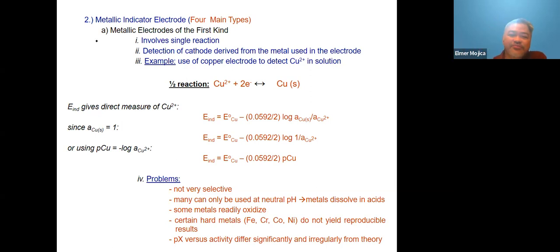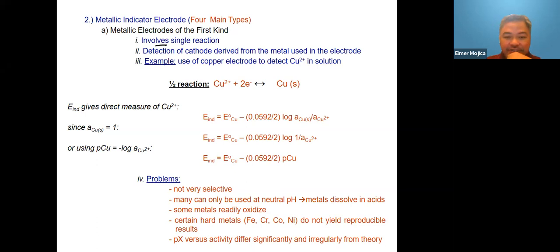Okay, so when we're talking about metallic electrodes of the first kind, it involves a single reaction. Okay, so in this type of electrodes of the first kind, usually your metallic indicator electrode is in contact directly with the metal in a solution containing the ions.